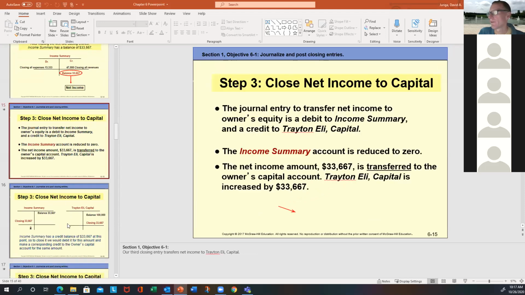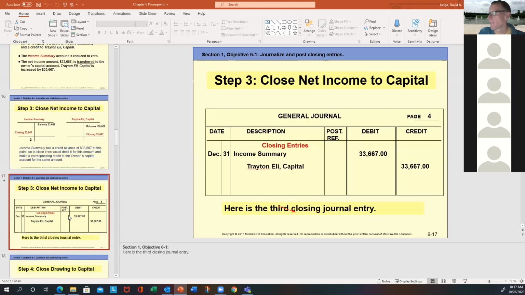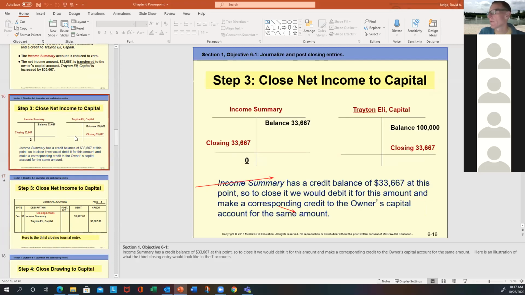And what will happen here is, first of all, the journal entry will look like this. We're going to be debiting income summary, crediting Trayton Eli Capital for that 33,667. That's what the journal entry would look like. And then once you've posted that, this is what would happen in your ledger.